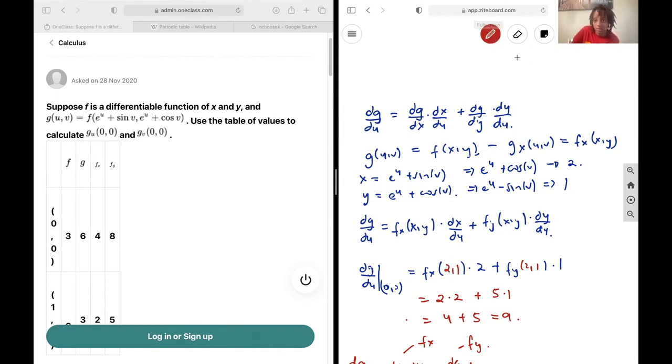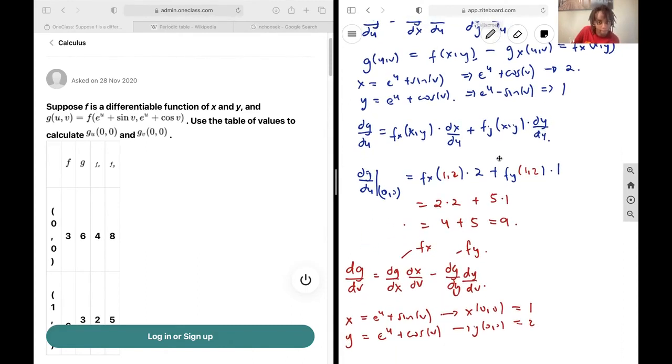So this should also be f at (1, 2), and this should give you fx at (1, 2) is 2 by 2 plus fy at (1, 2), which is 5 by 1, my apologies.